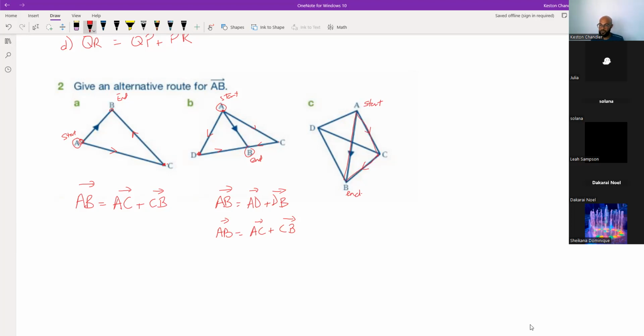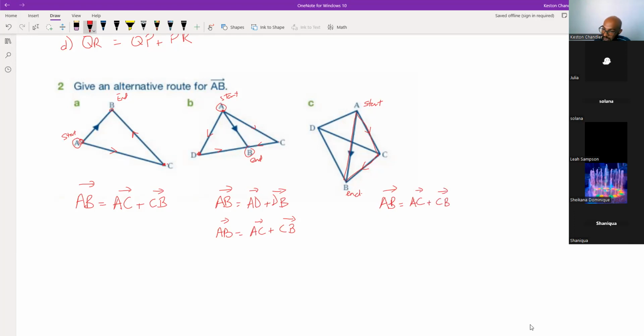You're starting at A, going to C, and then starting from C and going to B. So the result of going from A to B could also be found if we go from A to C and then from C to B.